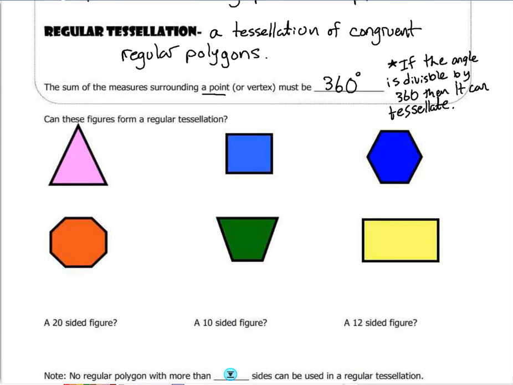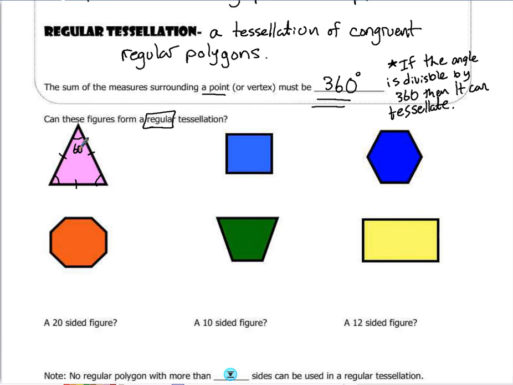And we're only looking for regular, so that has to fit that 360 feature. So here we're given a figure, a triangle, and it looks like it's going to be an equilateral triangle where all the sides have the same length, and therefore all the interior angles would all be the same. In an equilateral triangle, all the interior angles are 60 degrees.